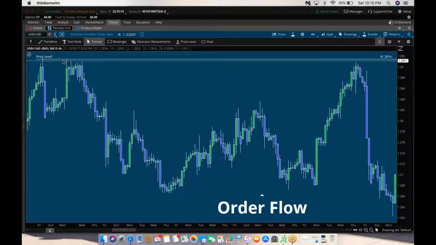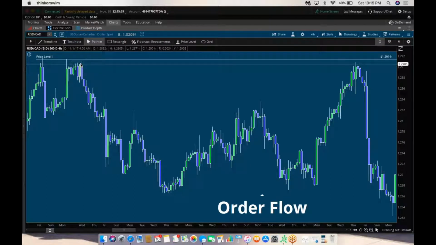With supply, you want to be at the highest price in this basing area. This is a base, where it just quickly came in and came out. This is also order flow here. This lets you know that the bigger banks and bigger players are setting their orders here. So this right here is order flow.